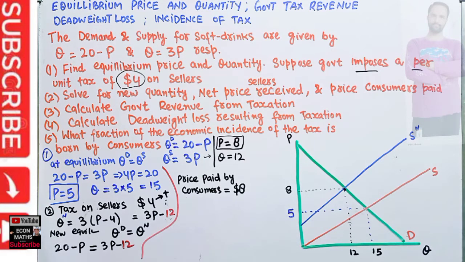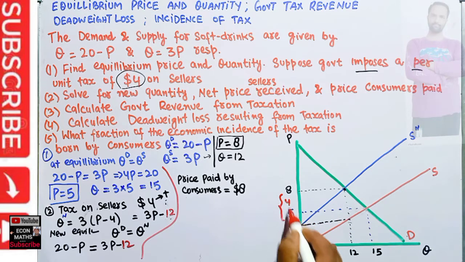And what is the price that will be received by the producer? Since we are told that tax is imposed on sellers, sellers will receive the price after we subtract 4 from this, since 8 is the price paid by the consumers, and 8 minus 4 is 4.